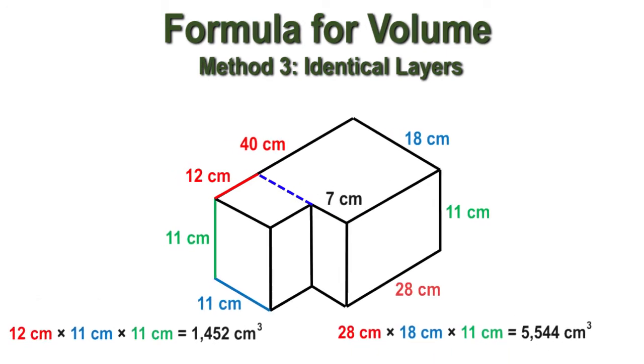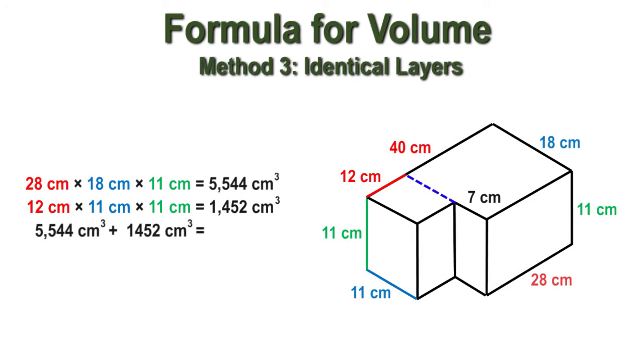By adding the volumes of each of the decomposed prisms together, we can discover the total volume of the original rectilinear prism. 5,544 cubic centimeters added to 1,452 cubic centimeters is 6,996 cubic centimeters. The volume of the original prism is 6,996 cubic centimeters.